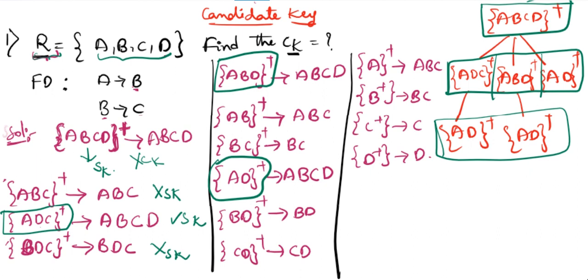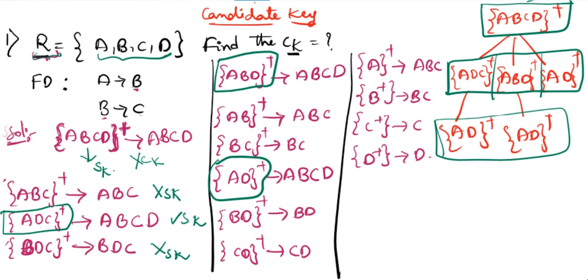You should remember how to find the candidate key. Candidate key means a candidate key is also a super key, but the super key does not have a subset that is a super key. So which superset's subset is not a super key?